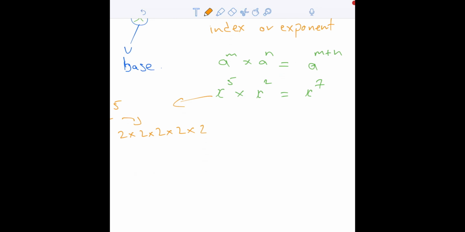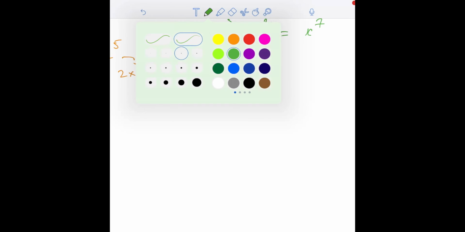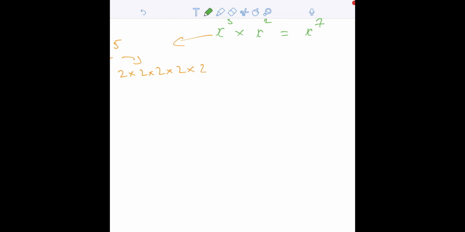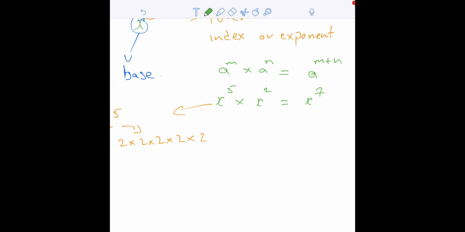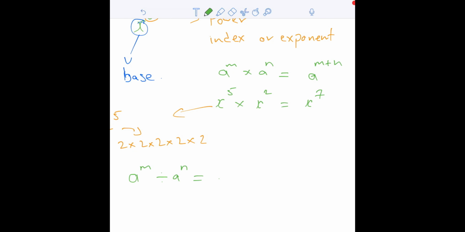So the second rule is a to the power m divided by a to the power n. This is equivalent to, in the previous rule, when we have the bases the same and they are being multiplied, the powers add up.